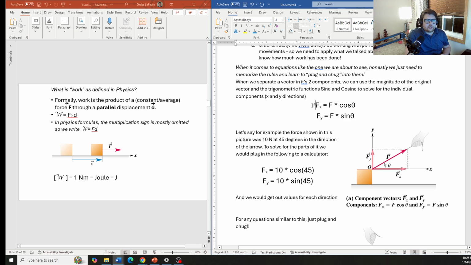And then we could use the equations. The force in the x direction equals the force multiplied by cosine theta. The force in the y direction equals the force times sine theta.